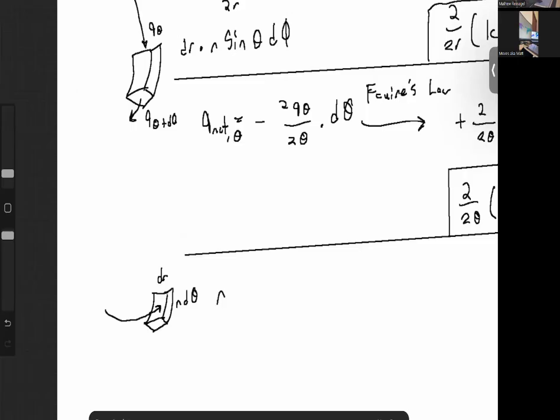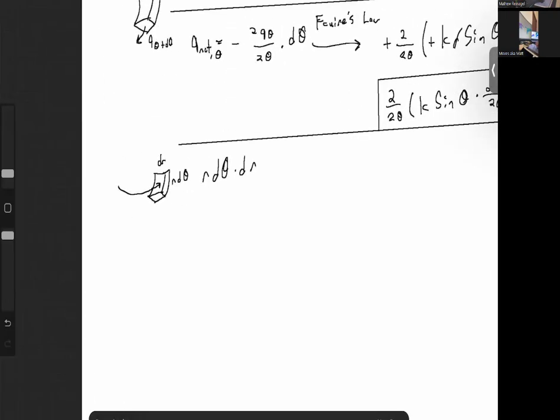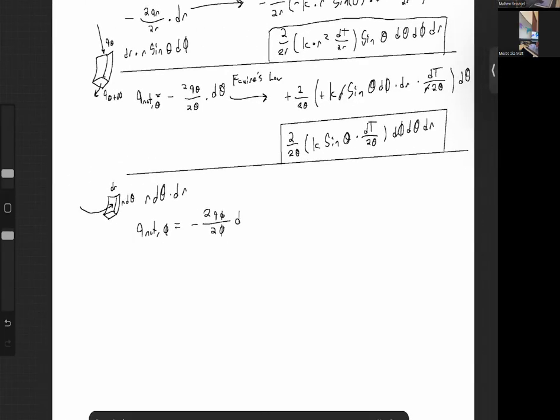So it's going to be r d theta dr, just to have a radius before it begins. And then same song and dance, this is going to be the Q net of phi, which equals the negative change of the heat due to phi over the change of phi multiplied by d phi.